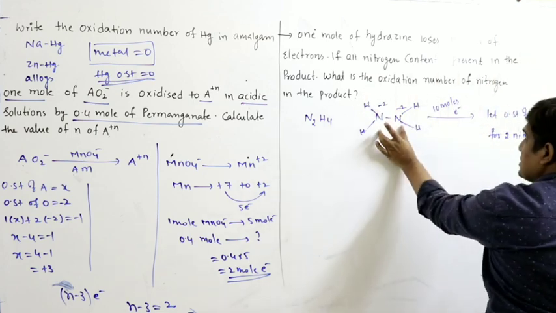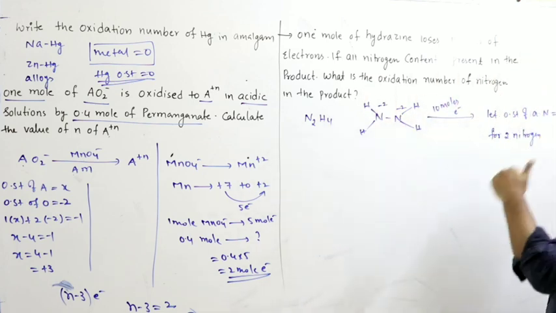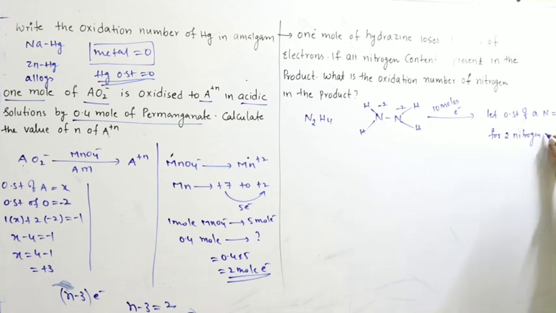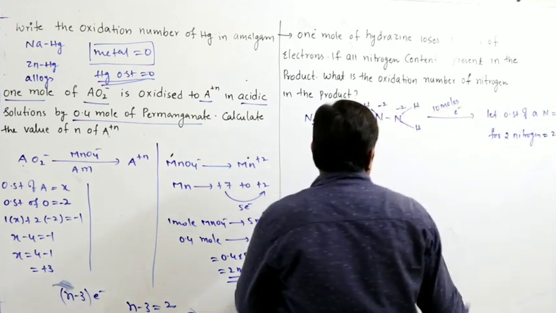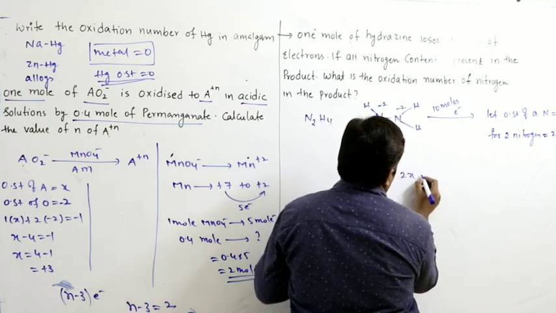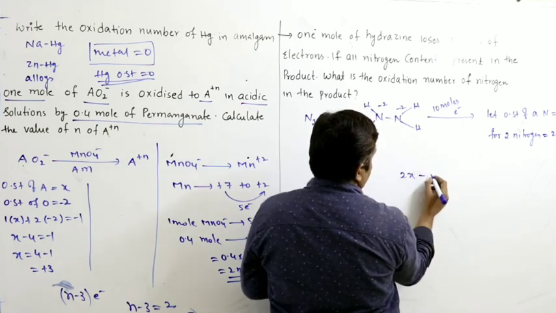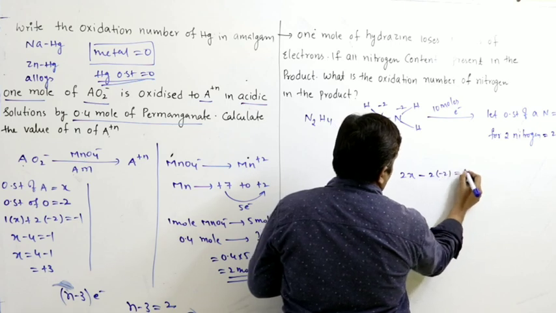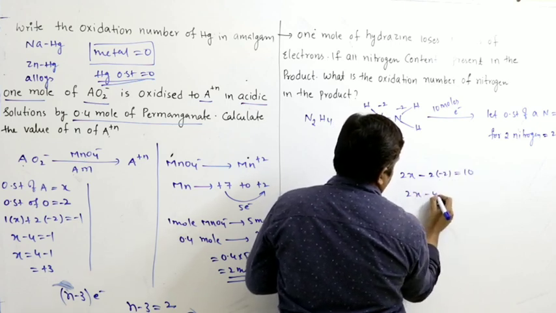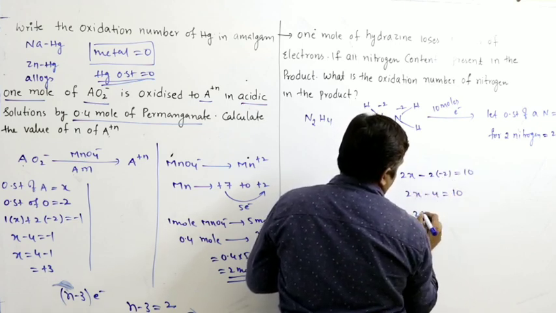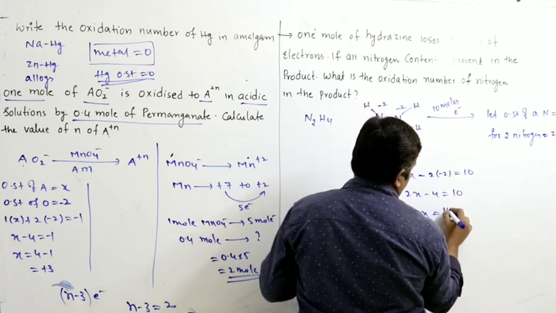So here 2 nitrogens are there, same 2 nitrogens will be present, but with a different oxidation state, which we have to find, 2X. So the difference of these two, 2X minus 2 into minus 2 equal to 10. 2X minus 4 equal to 10.